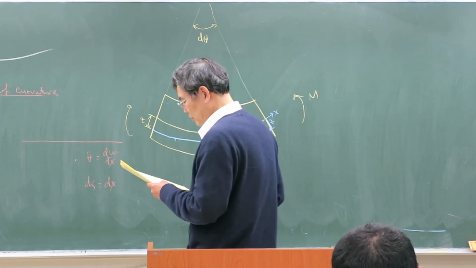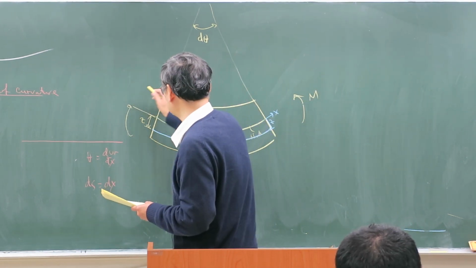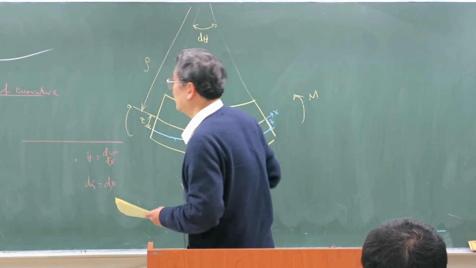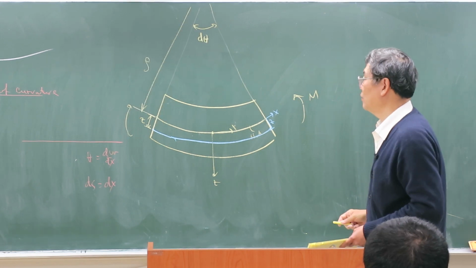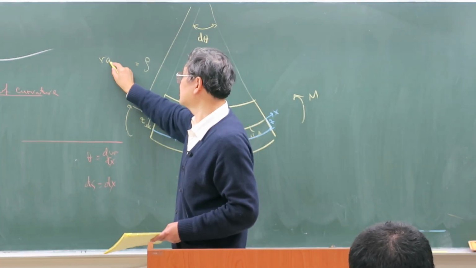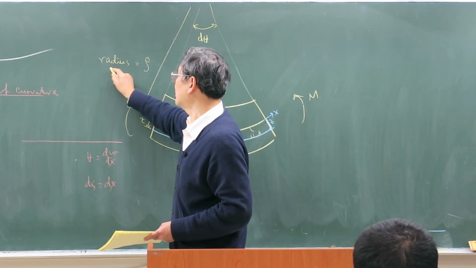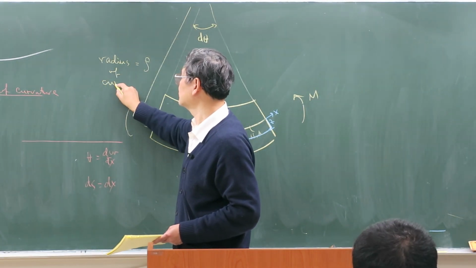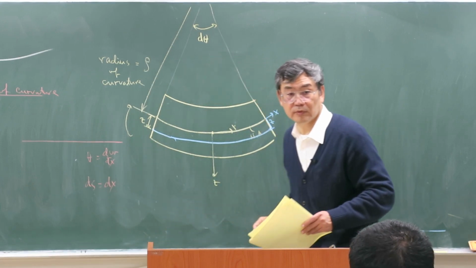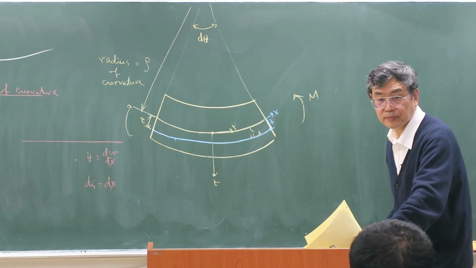And we use a center at this line. This is rho. Rho is called the radius of curvature. Have you done this before? Radius of curvature.